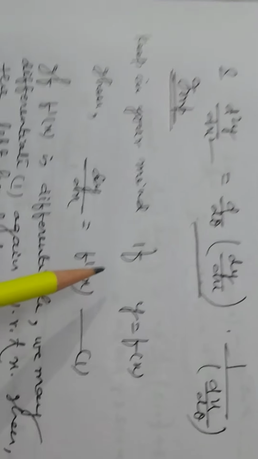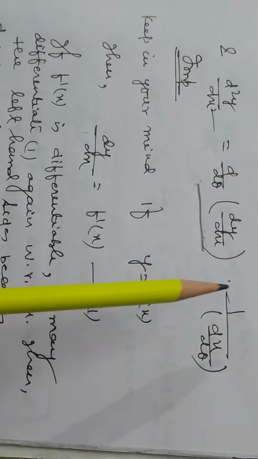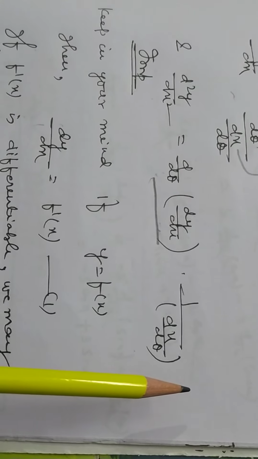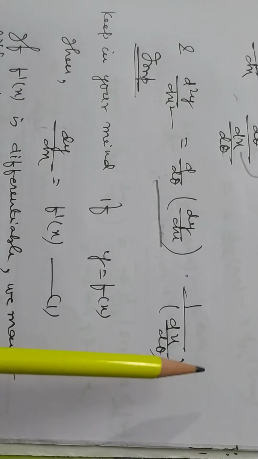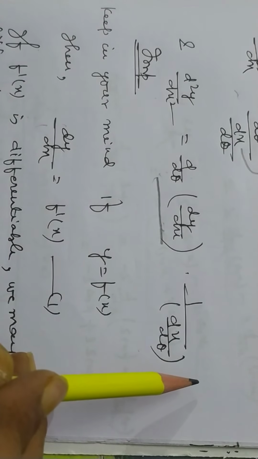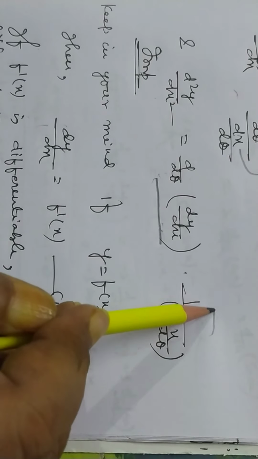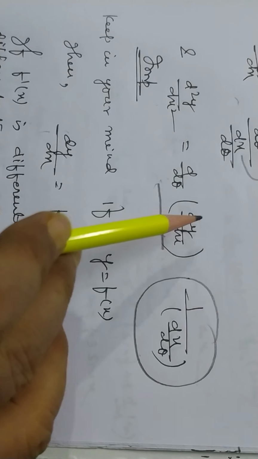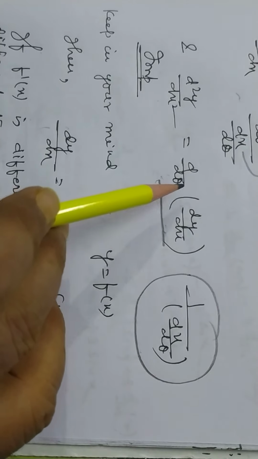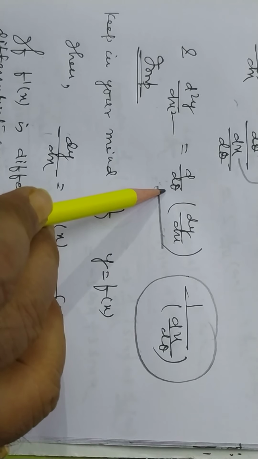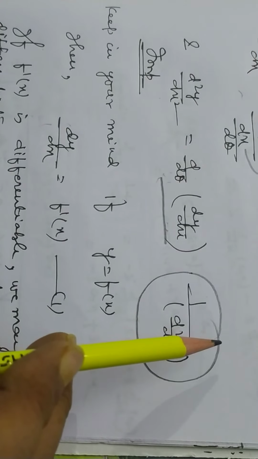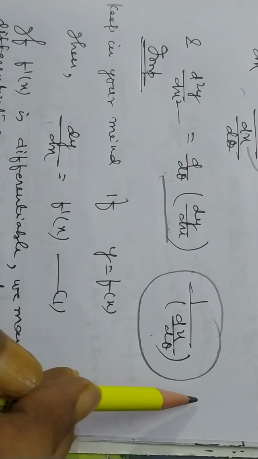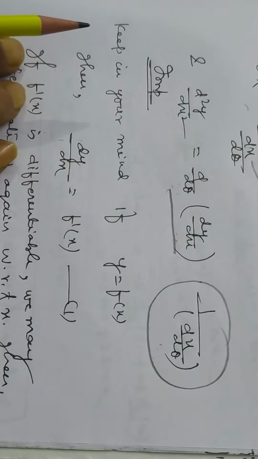The 1 by dx by d theta can be written as d theta by dx, and d theta by dx can be written as 1 by dx by d theta. Try to keep this in your mind. So we first differentiate dy by dx with respect to theta, then theta with respect to x, d theta by dx, which can be written as 1 by dx by d theta.